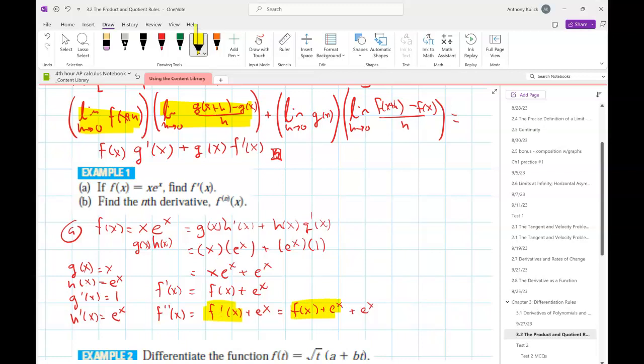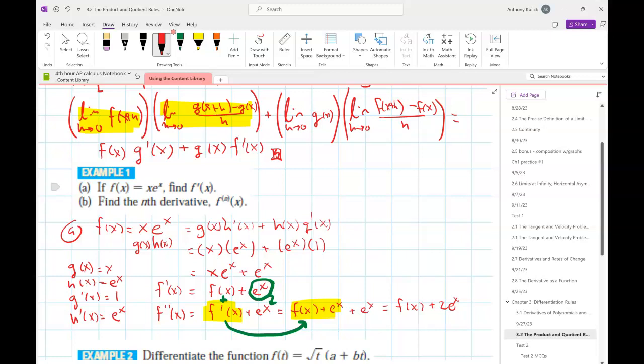Why are there two e to the x's? Well, when we differentiated this one, that's that one. When we differentiate that, we get that. But that is this. In this case, I'm doing the second derivative, right? Okay. So I did it again.